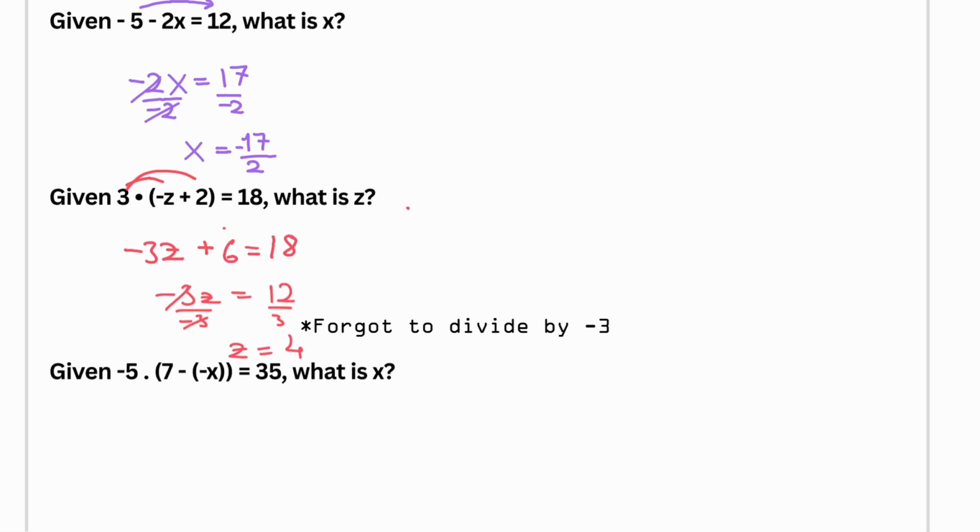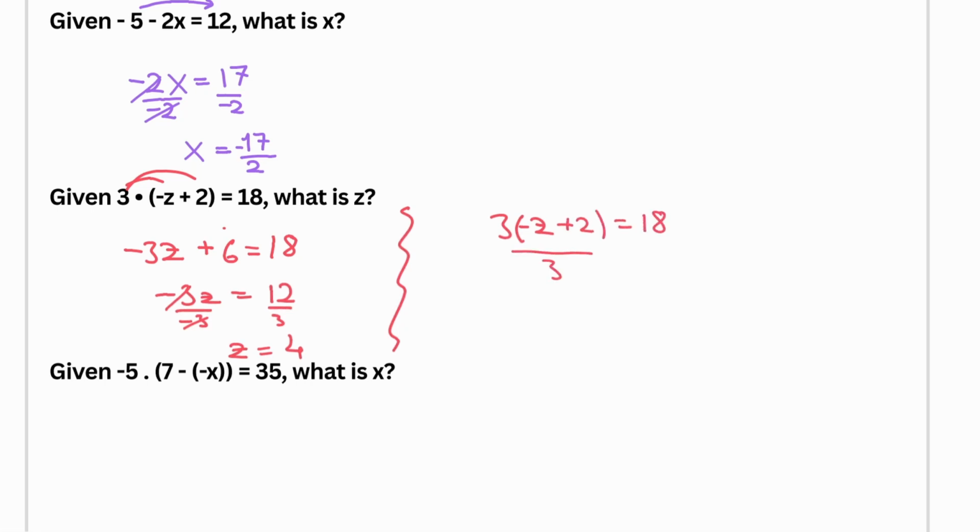That's one way. And the other way is the same thing, basically. So we have 3 times (-z plus 2). We can divide both sides by 3. Remember that the reason why we divide here first and not in the other questions that we did is because in here, 3 is being multiplied by everything, right?